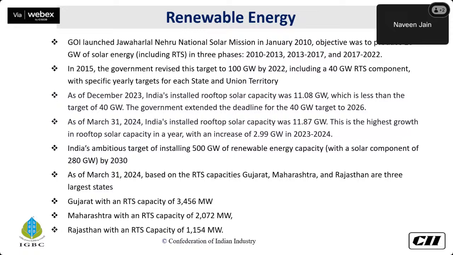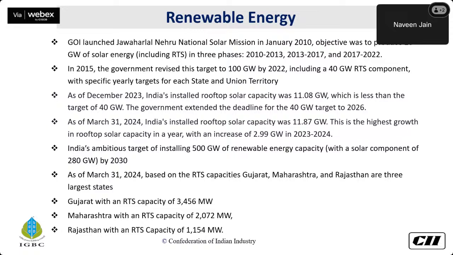At that time, it was a huge number because there was not much concept or technology, and they just came up with one mission that we have to do something, and put a target of 20 gigawatt by 2022 in 3 phases: 2010 to 2013, 2013 to 2017, and 2017 to 2022. That was the initial target.